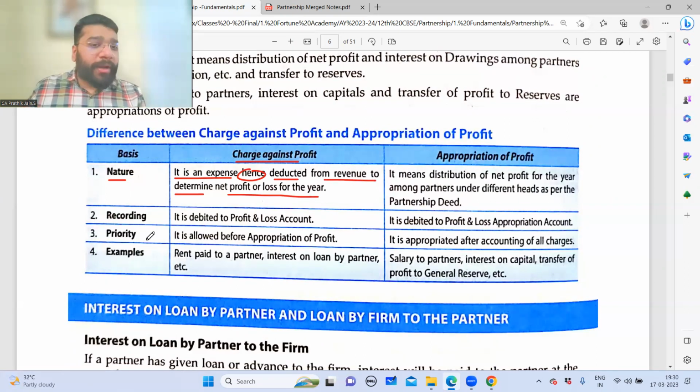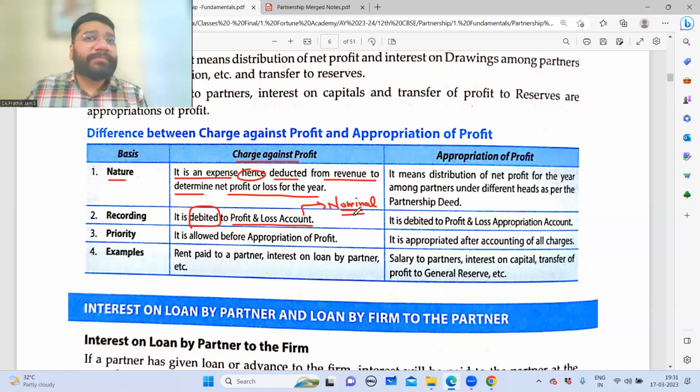Second and very important point: this item which you call charge against profit, where am I supposed to record it? You are supposed to record this in the P&L account. It is to be debited. P&L account is what account? Personal, real or nominal? Online people, you are also supposed to respond. Nominal account.